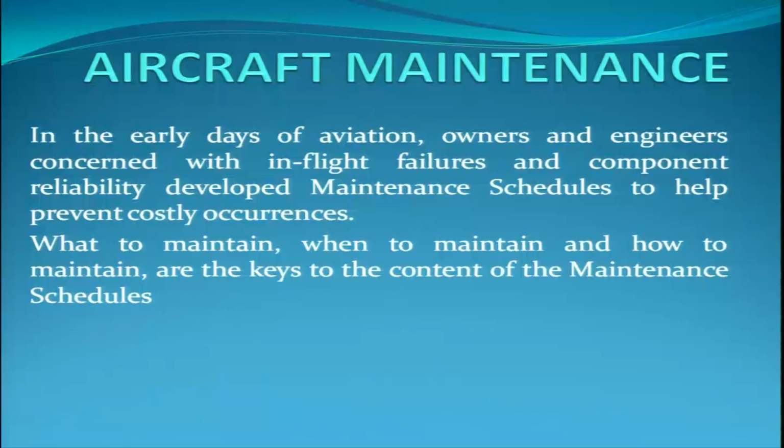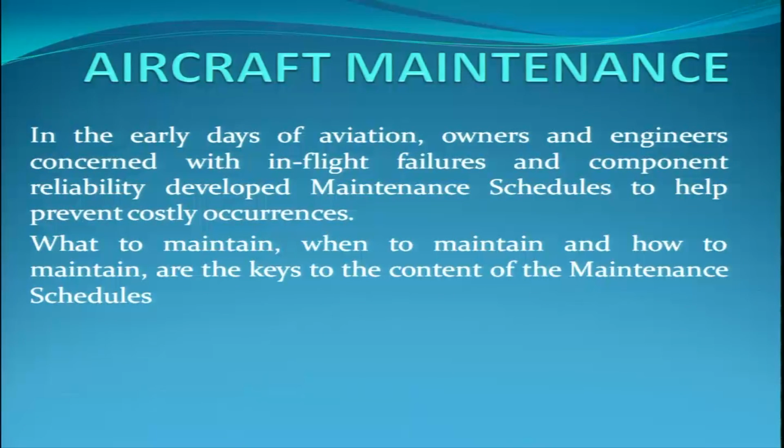What are the inspections to be done on the various parts, and how the inspections are divided into various inspection schedules. To start with, we will see what aircraft maintenance is all about, and then we will go on the aircraft and do some actual aircraft maintenance.